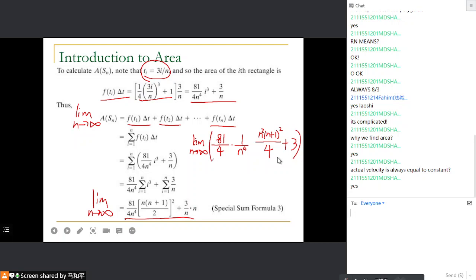Can you solve this limit? Please tell me your answer. This limit is equal to 81 over 4.